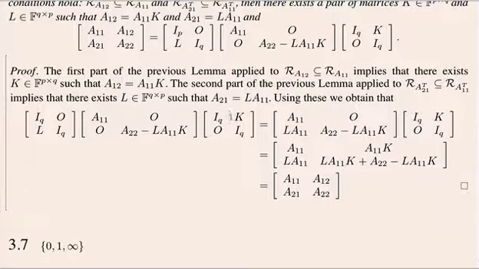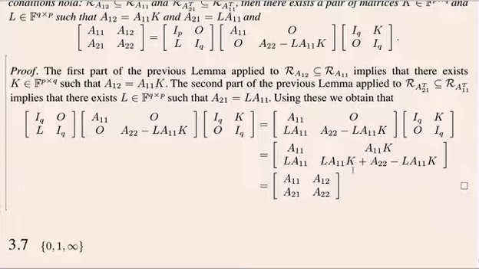And then from the right, we multiply with this I_Q, K, 0, I_Q matrix. What we get is A11, A11K, then L times A11, and L times A11K, plus A22 minus L A11K.